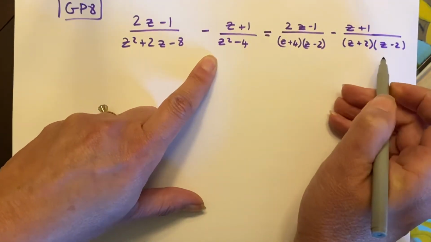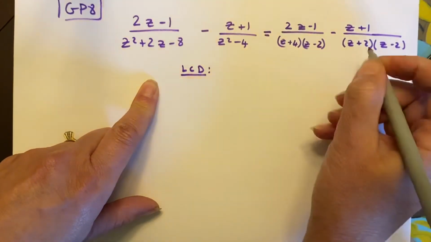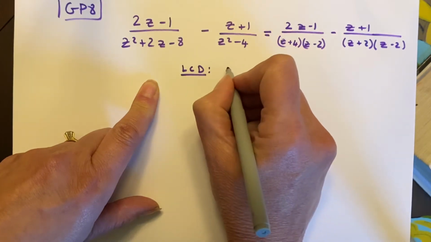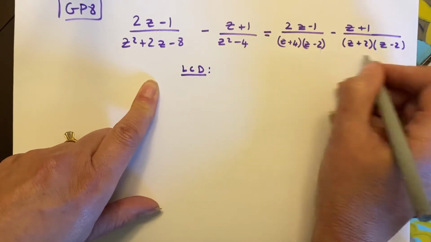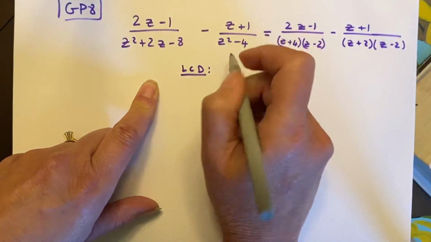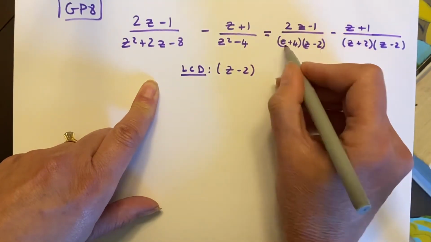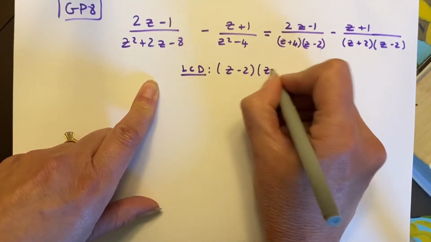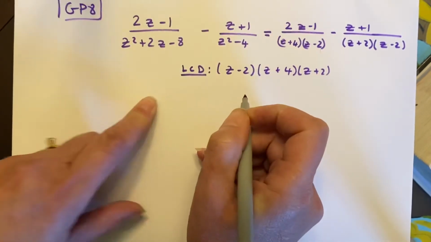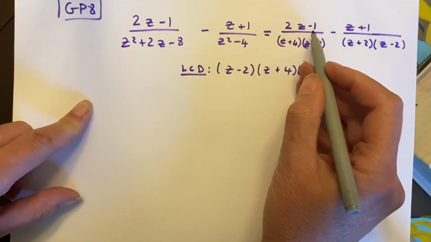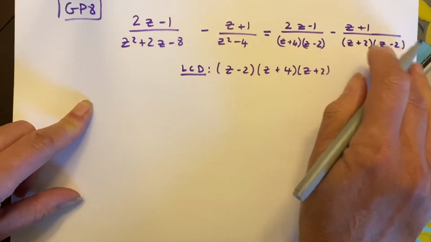And now I have enough information to look for my LCD. So I have z plus 4, z minus 2, and z plus 2, z minus 2. One of these is repeated, so I have it in common, z minus 2. And these are not repeated, so z plus 4, z plus 2. So that's my LCD. So I'm going to take each of these and transform them to get the LCD on the bottom.